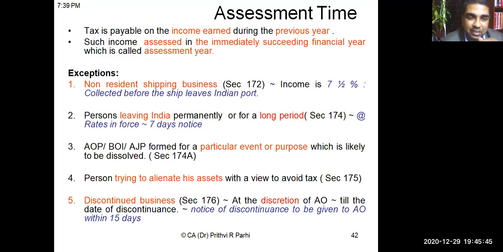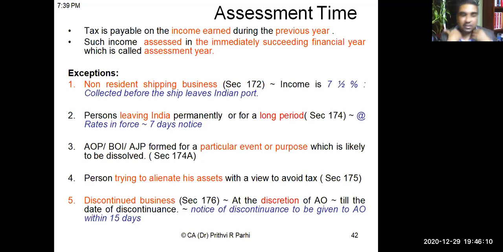Third exception: association of persons, body of individuals or artificial juridical person, which are formed for a particular event or purpose and are likely to be dissolved.